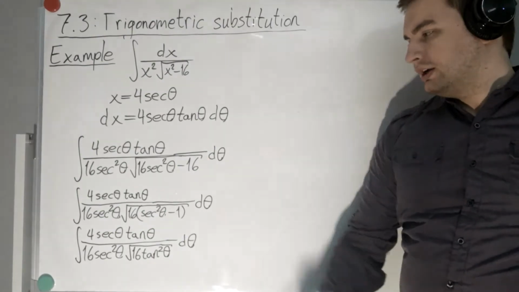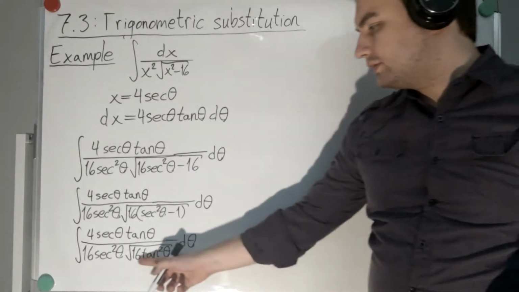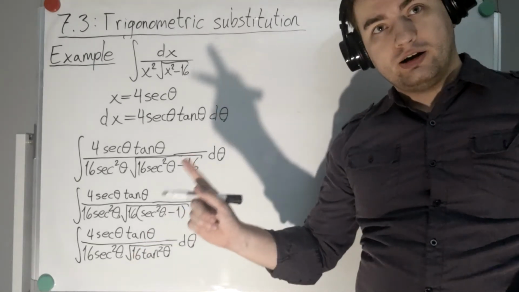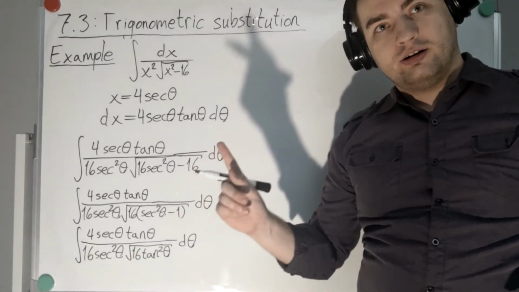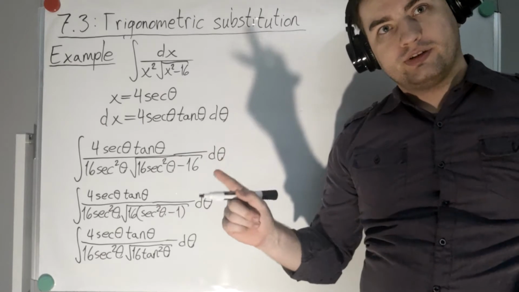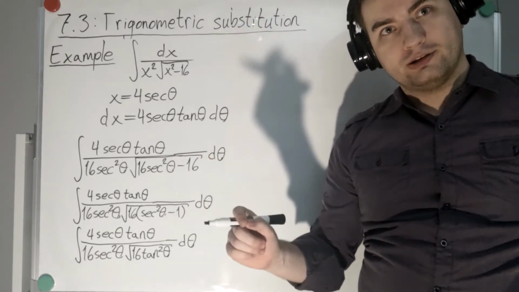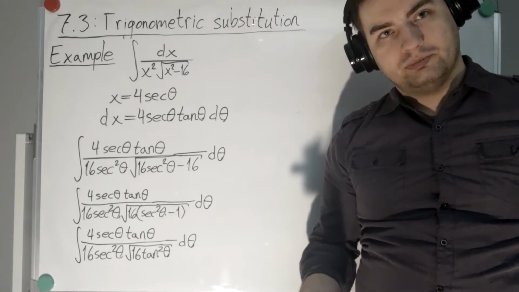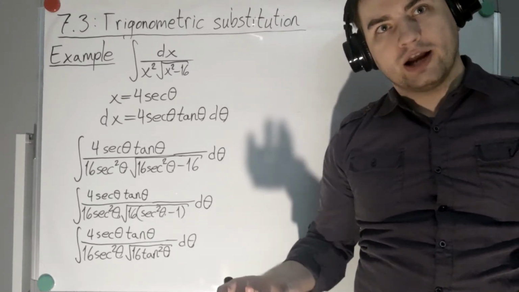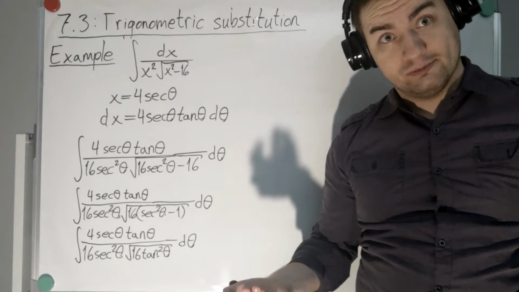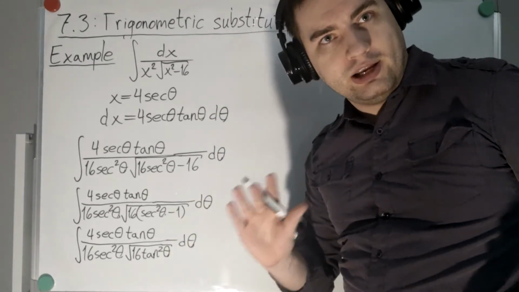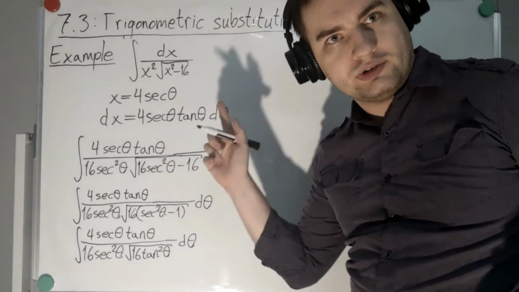Okay. Now then, square root of 16 is, of course, 4. The square root of tangent squared, you might just think that's tangent. And in this case, you're right. In general, it would not necessarily be tangent, because if tangent is negative, then it would actually just give us the absolute value of tangent. But remember when I showed you those intervals along which we are choosing the theta?